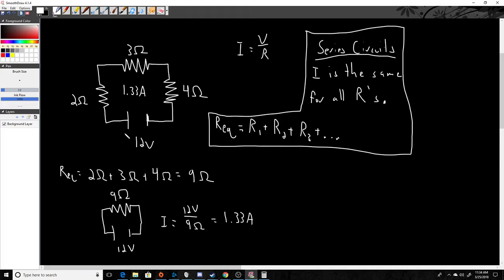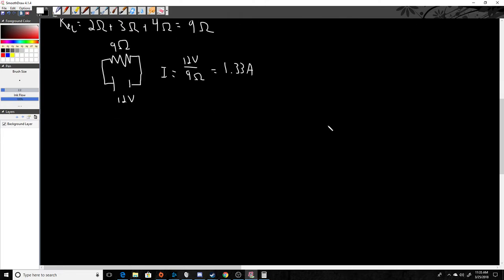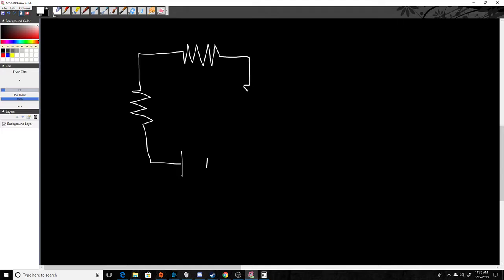What we're going to see, though, is that as the current moves through each of the resistors, there's going to be a voltage drop. So if I scroll down here, 2, 3, and 4, I'm going to draw this out a little bit bigger so I have some room to put things in the middle.